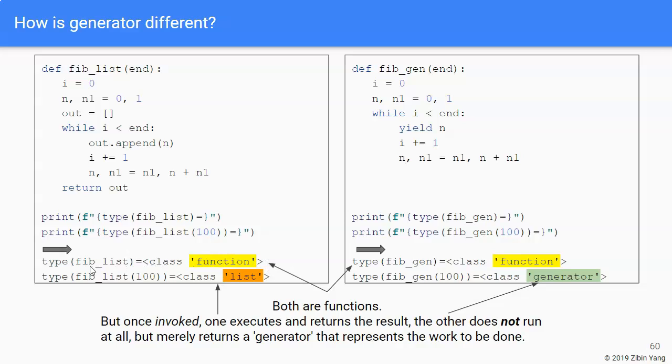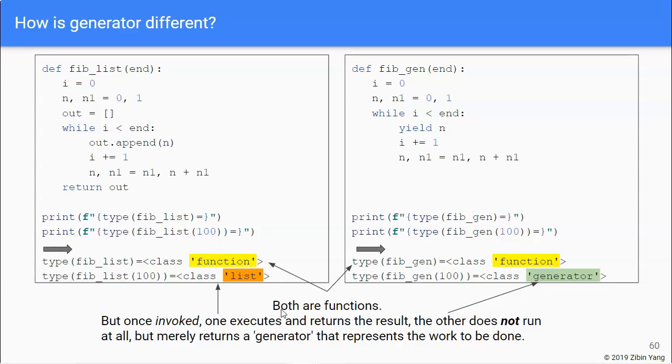The first thing we notice here is that fiblist itself and fibgen itself are both functions. Even though we say this is a fibgen, without executing it, Python sees fibgen as a function. What's different is when we actually invoke or call these functions.